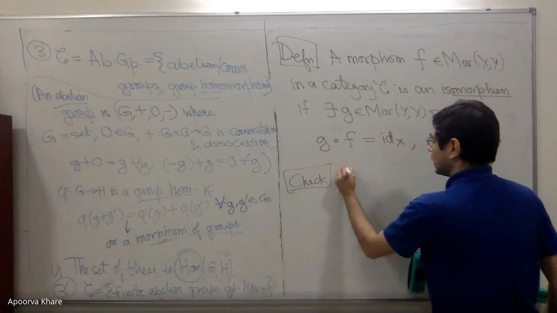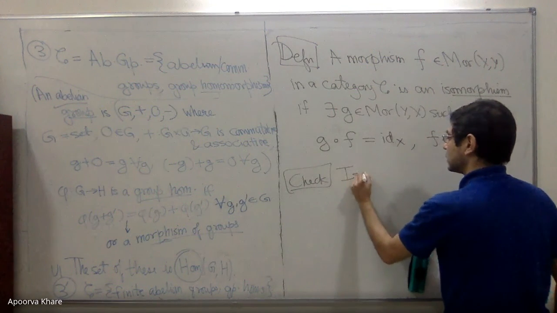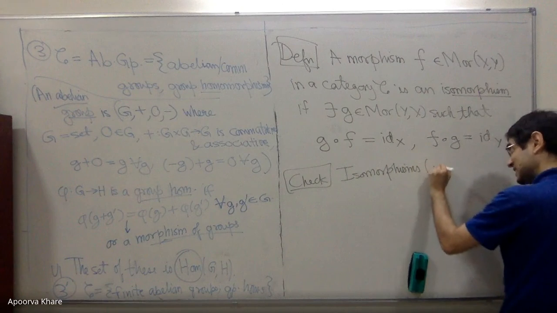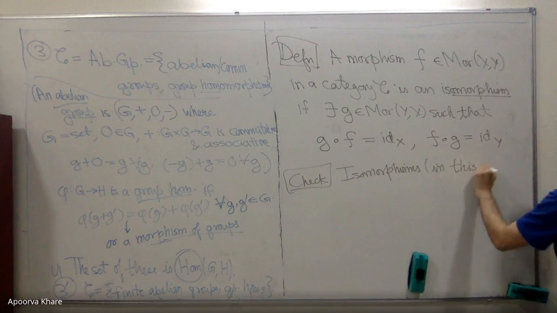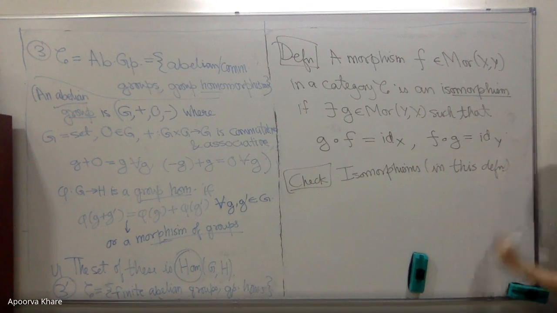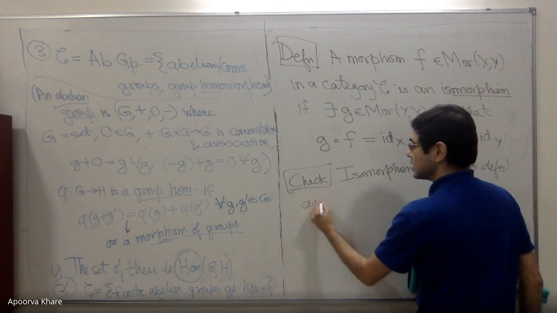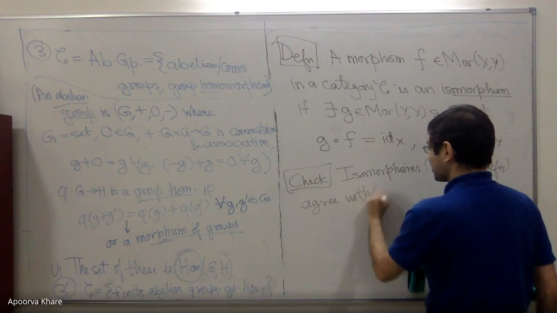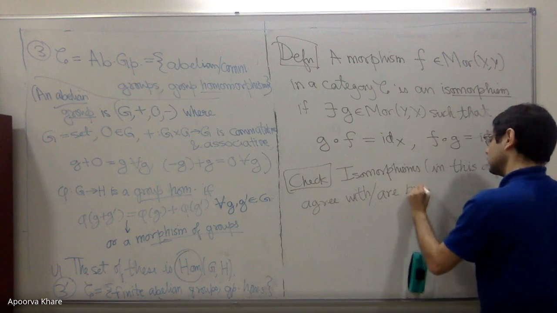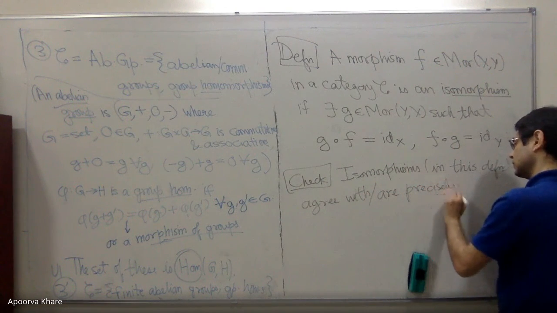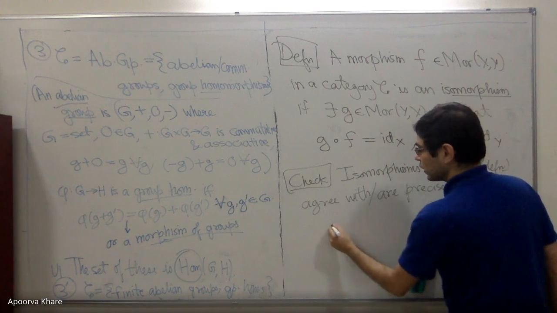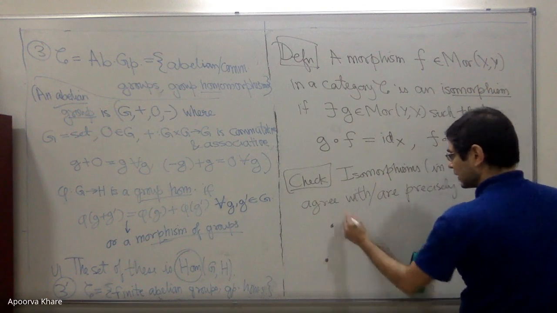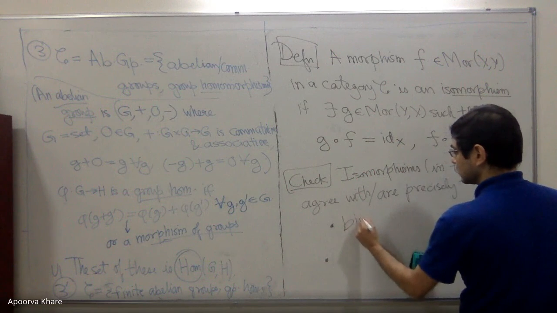Check that isomorphisms, in this definition, agree with, or are precisely, so you at least know two categories, the category of sets and the category of vector spaces. In the category of sets, these are precisely bijections.